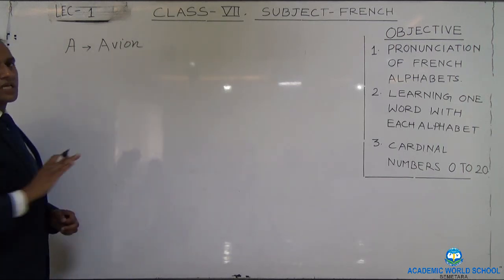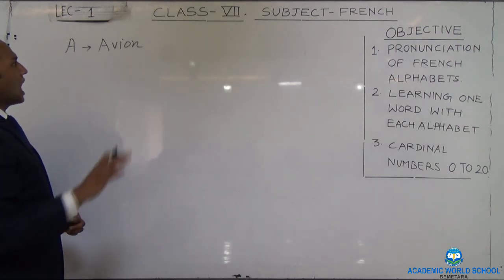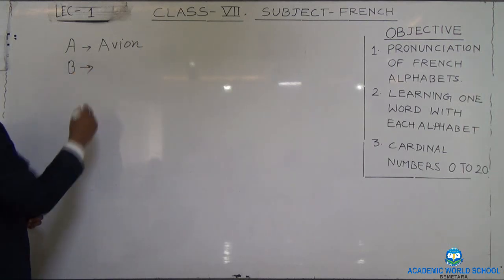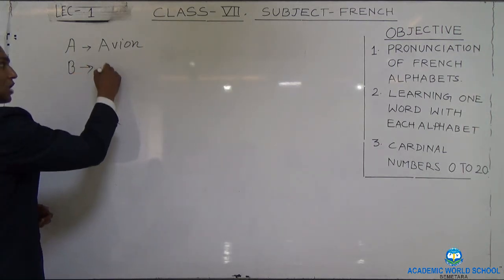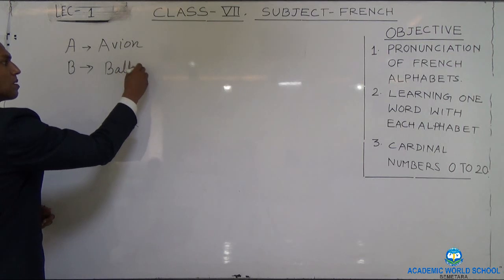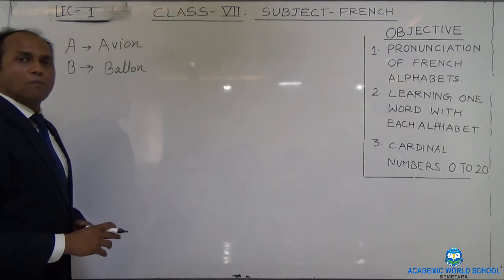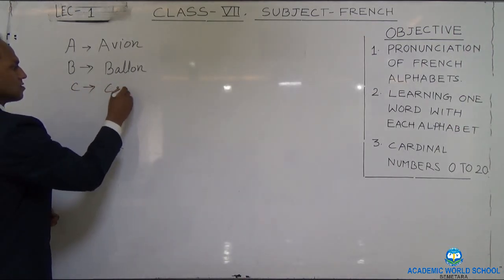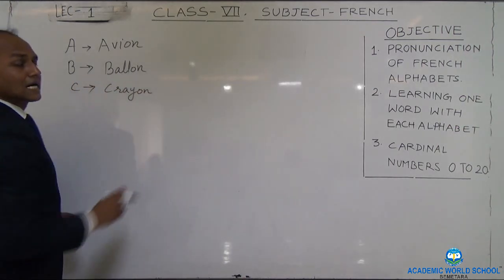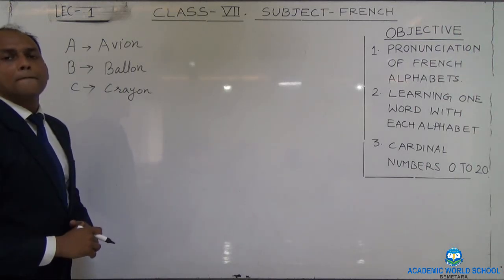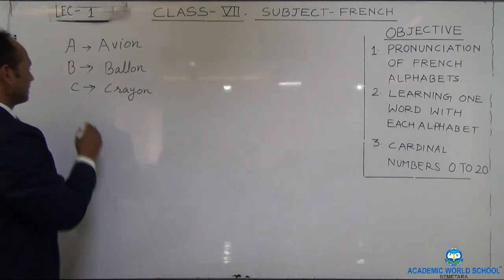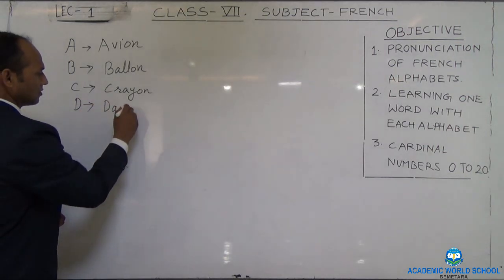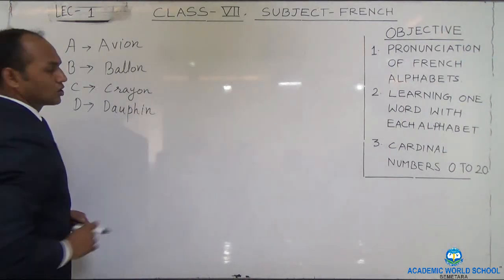A: Avion. Avion means airplane. B: Ballon. Ballon means ball. C: Crayon. Crayon means pencil. D: Dauphin.